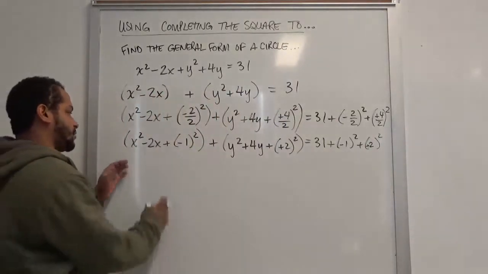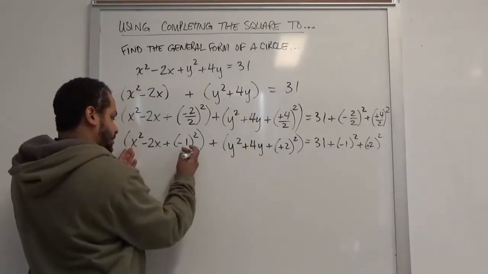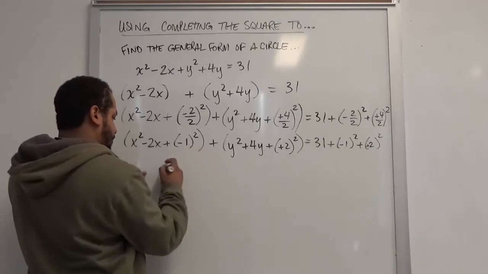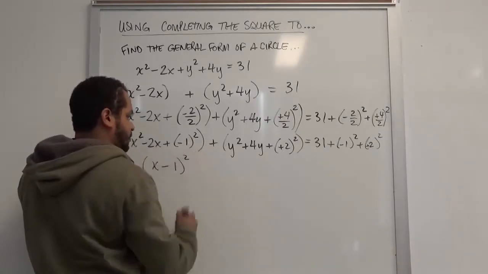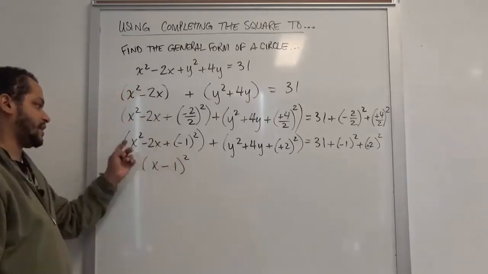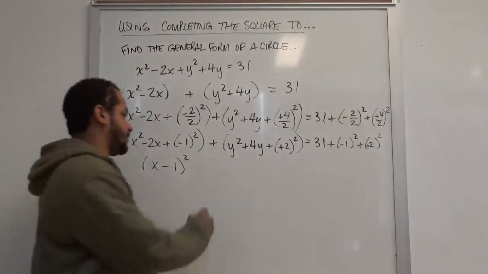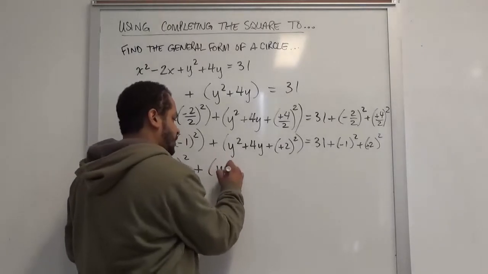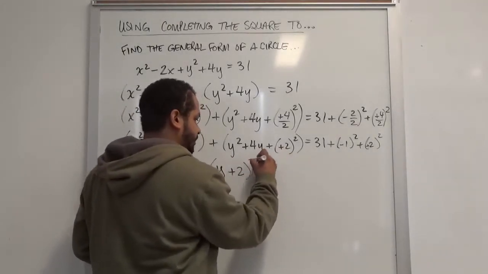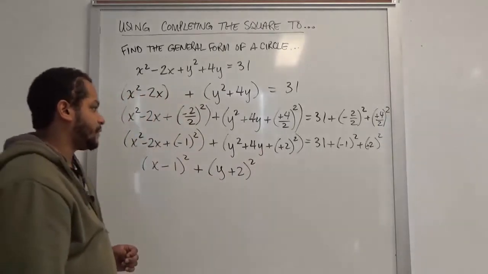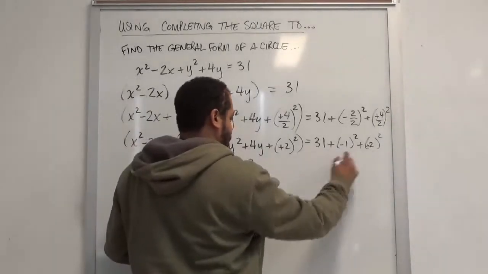Now to complete the square, we take this term and we remove them from both sides. So we just get the x, we get the negative 1, and we square it. And that's the whole purpose of keeping the sign with this term, so that this becomes easier here. And then here we take this y, we take this plus 2, and we complete the square here. And now the only thing left to do is evaluate this side.